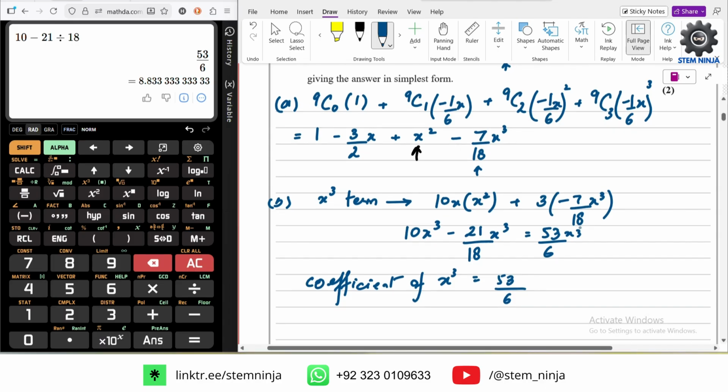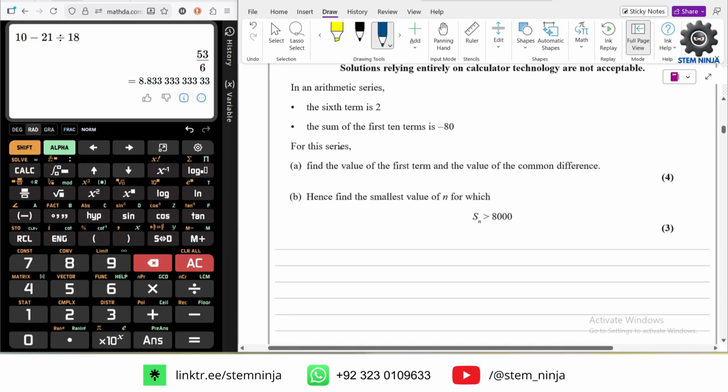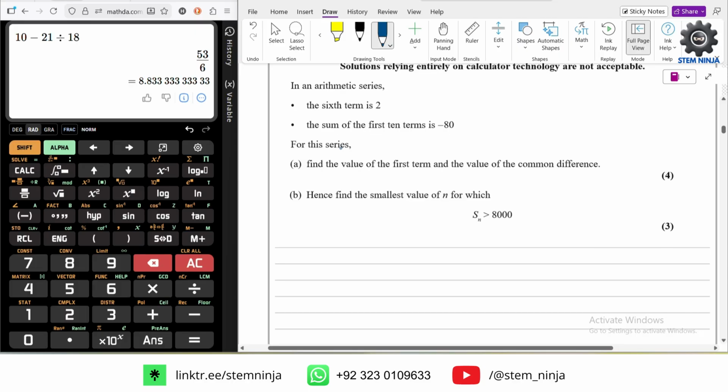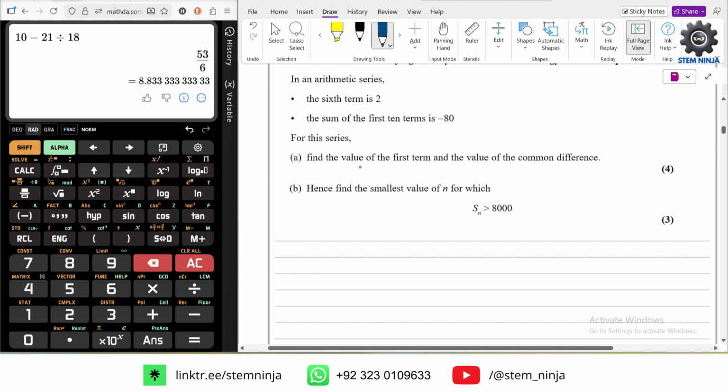Right, okay, so let's move on to the next question. Question number 2. In an arithmetic series, the sixth term is 2 and the sum of the first 10 terms is minus 80. For this series, find the value of the first term and the value of the common difference.